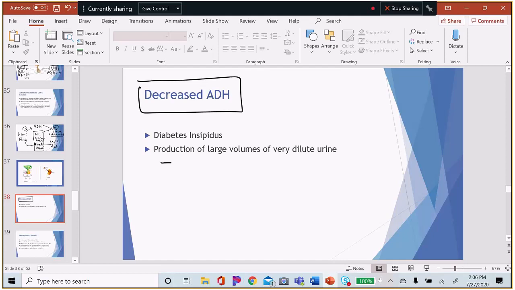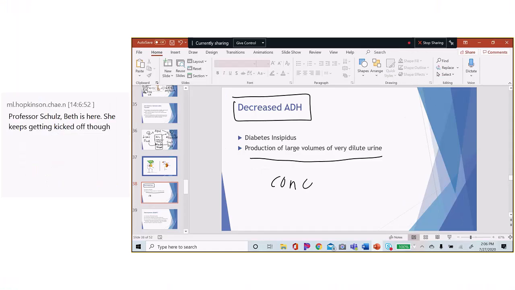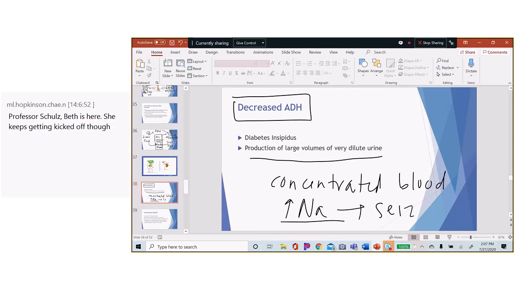So they will have a production of a large amount of very dilute urine, and the person is prone to having that very concentrated blood. And what usually happens is their sodium gets really high. And when people's sodium gets very high, they're at risk of seizures, which we don't want them to have.